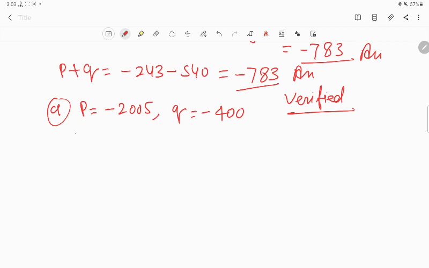So verify P minus Q is equal to P value minus 2005 minus, and in brackets write minus before Q, and Q value is minus 400.